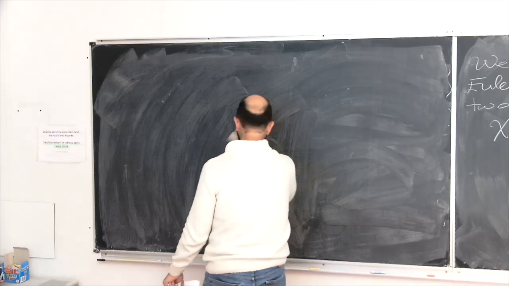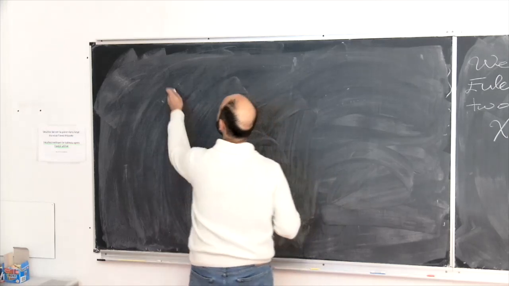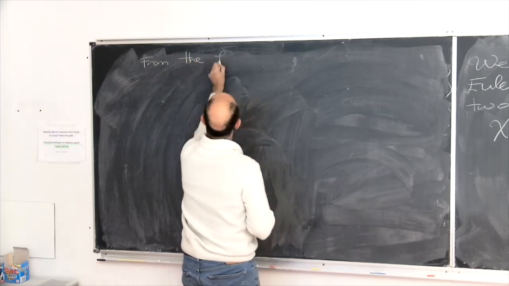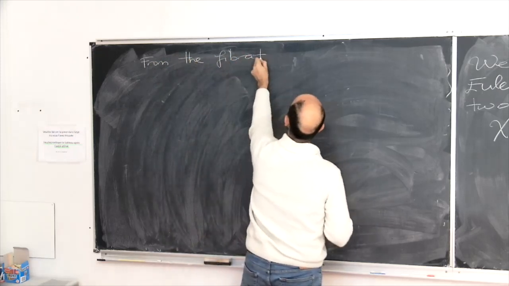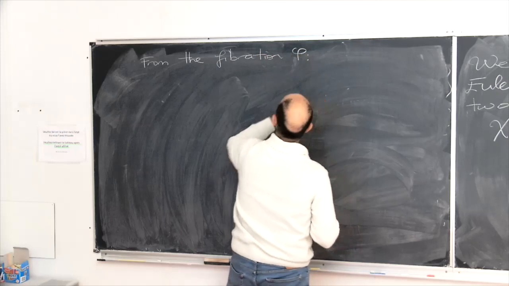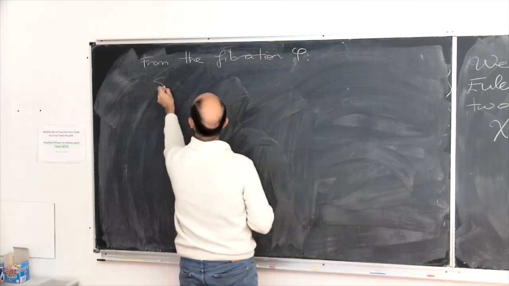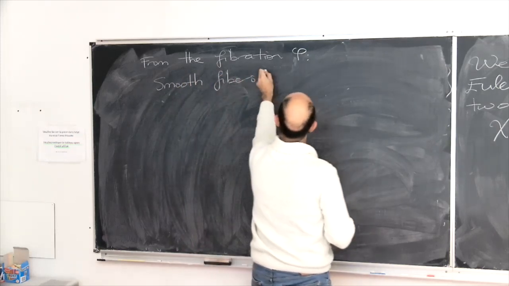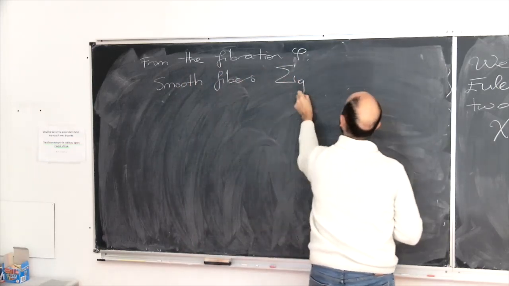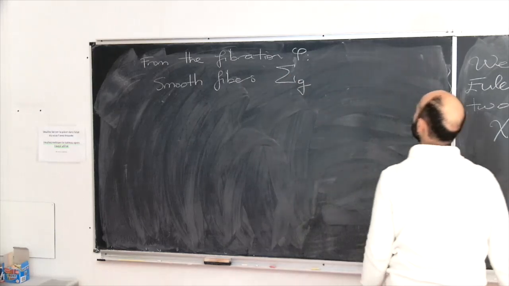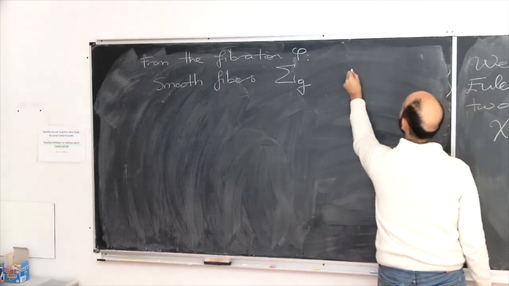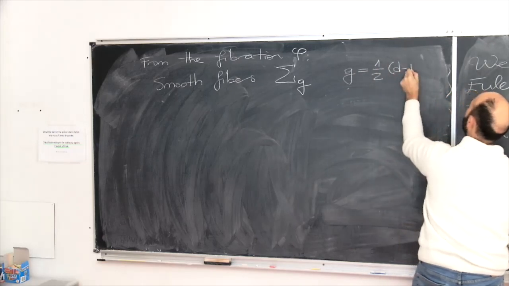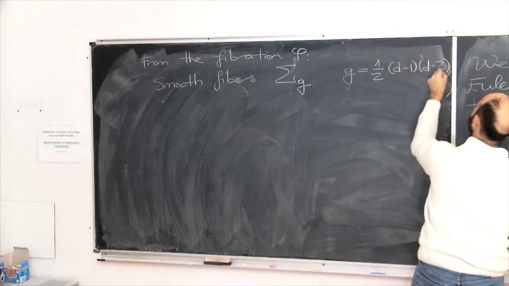From the fibration phi, first of all, smooth fibers. These are Riemann surfaces of genus g, where g is given by the degree genus formula, 1/2 (d minus 1)(d minus 2).